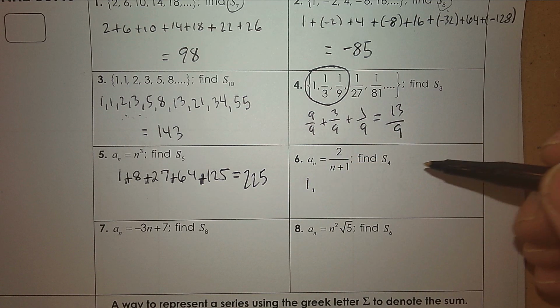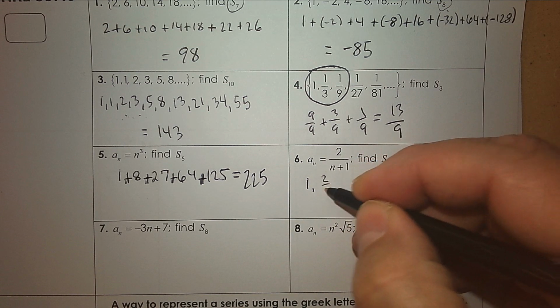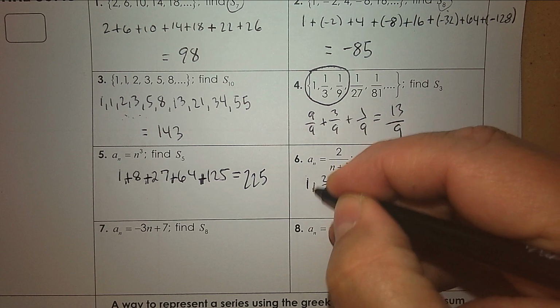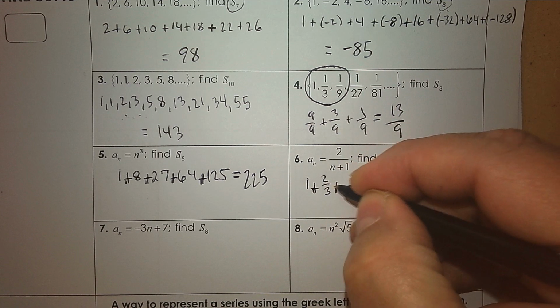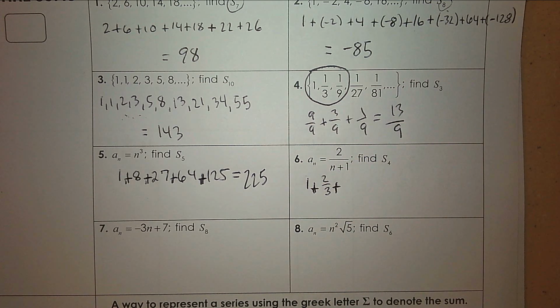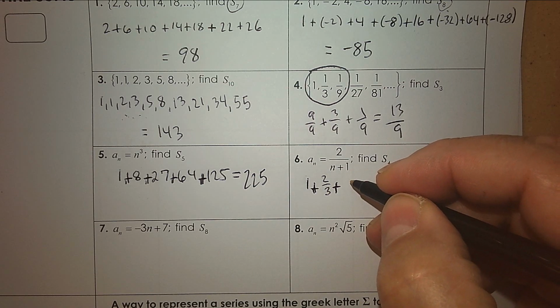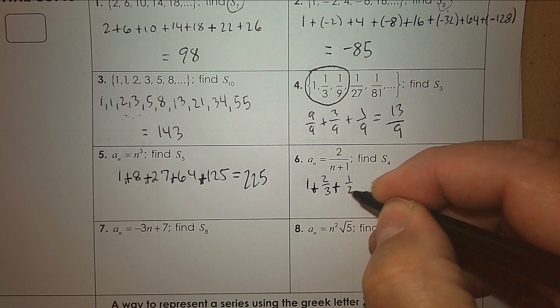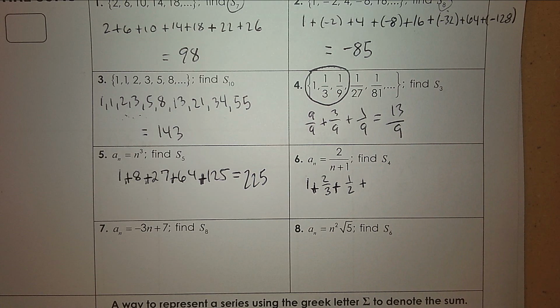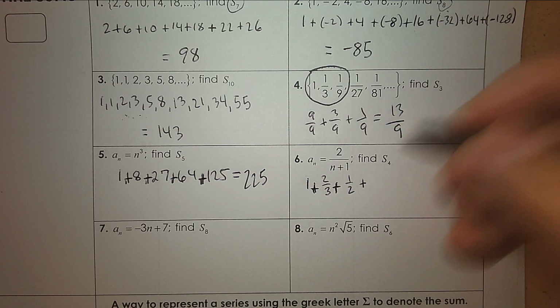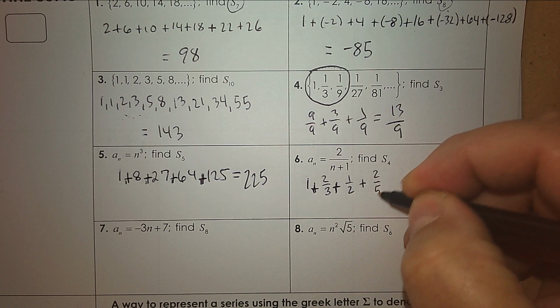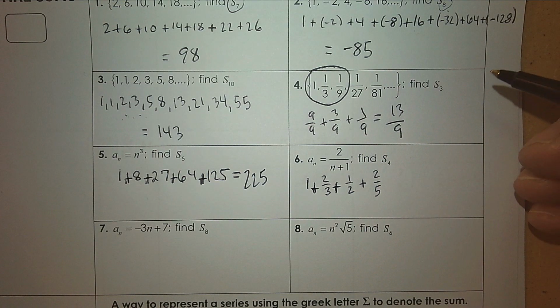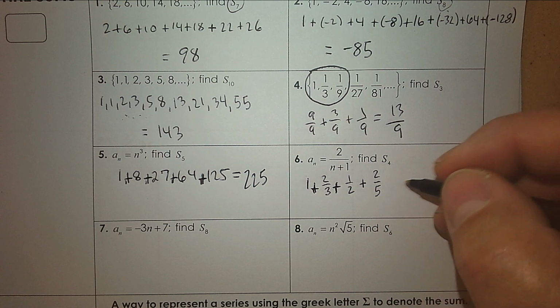Plug in 2, and you get 2/3. And again, I should be better than that. We're adding. Plug in 3, and it's 2 over 4, or plug in 4, and it's 2 over, so you can use a calculator if you want. The common denominator would have been 30.